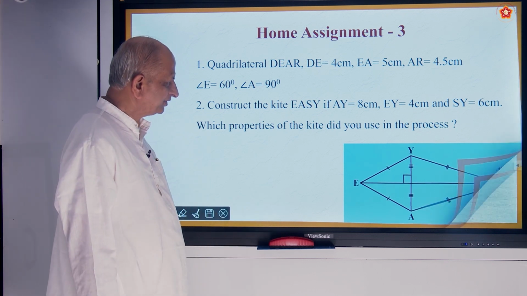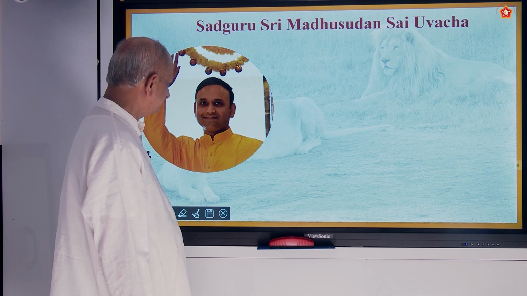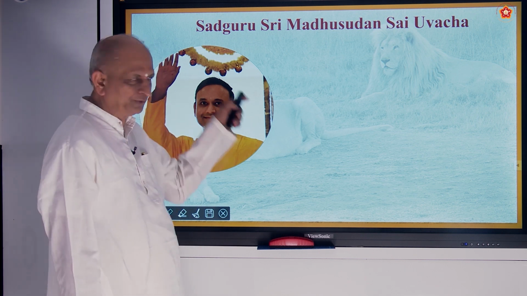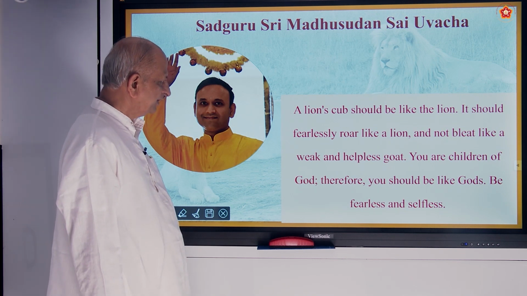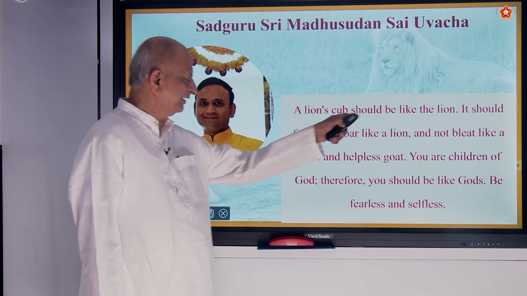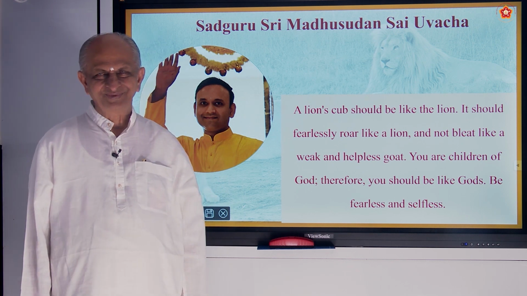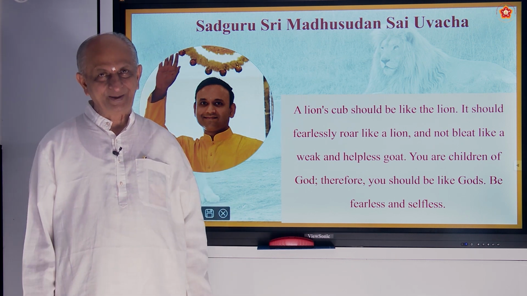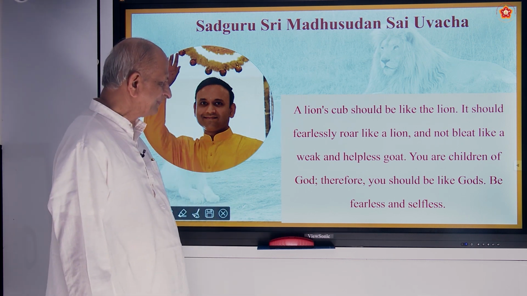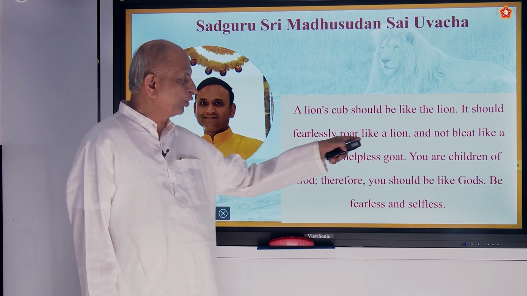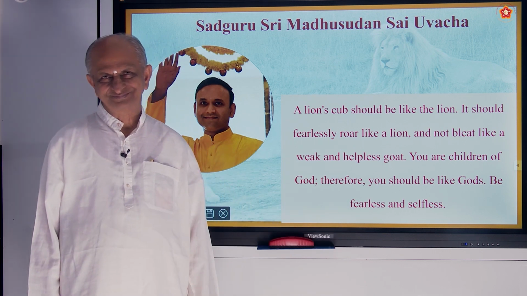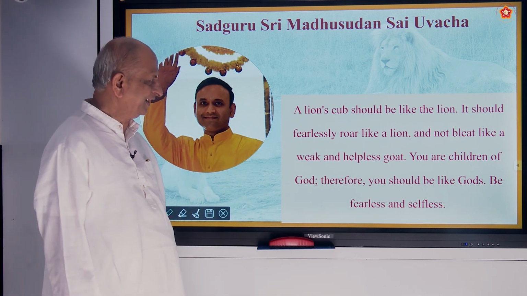Now let us see what Sadhguru Sri Madhusudan Sai says. So this is a beautiful photo of Sadhguru Madhusudan Sai. He says, a lion's cub should be like the lion. So you also must be like lion cubs. It should fearlessly roar like a lion, is it not?